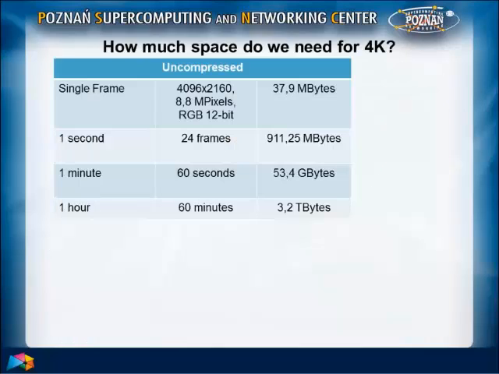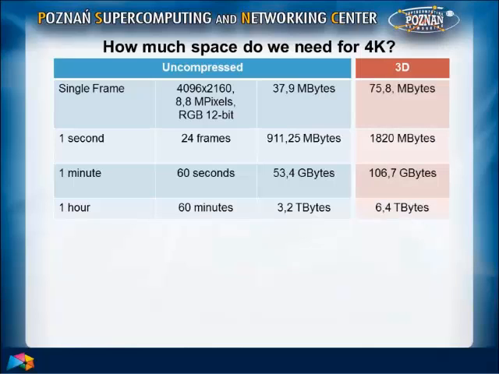Opung already mentioned those numbers, but just to finalize, for storage of ultra high definition we really need much disk space and network. And for 3D, it's usually double. Those numbers are doubled.